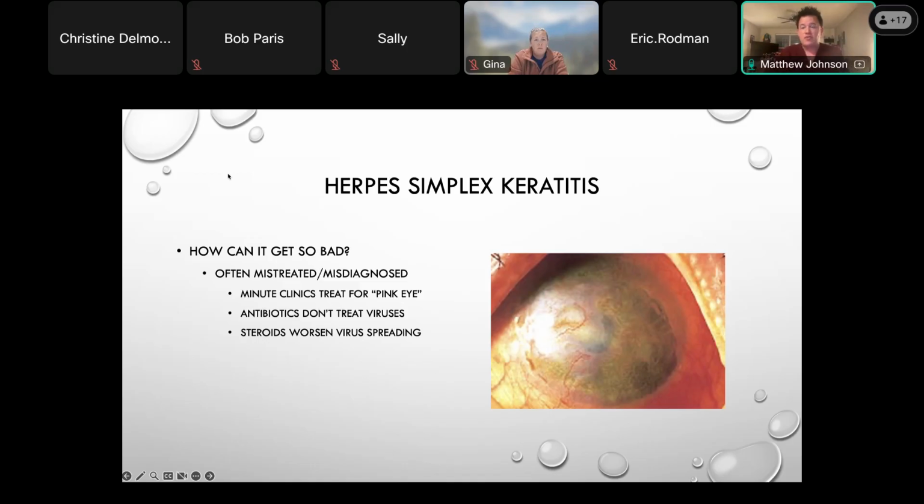You can't treat a virus with an antibacterial. It doesn't work. An antibacterial is fighting a bacteria. It's no different than why couldn't we use something that works for the bacteria to fight COVID? It's the same thing.